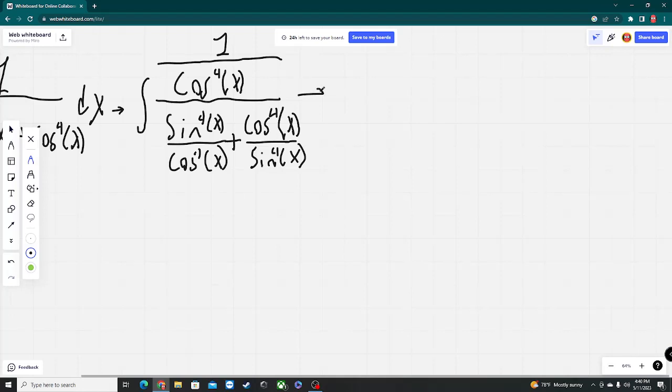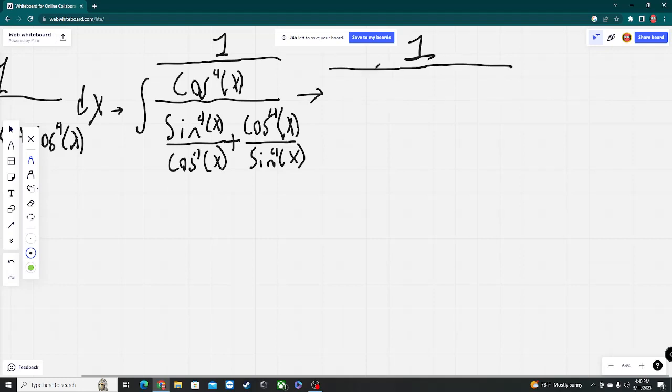Okay. So using partial fractions, this integral will turn into this problem. We can simplify this with substitution. So what am I going to do for this? I'm going to do 1 over cosine to the 4th x. And we're going to make this also a complex fraction.